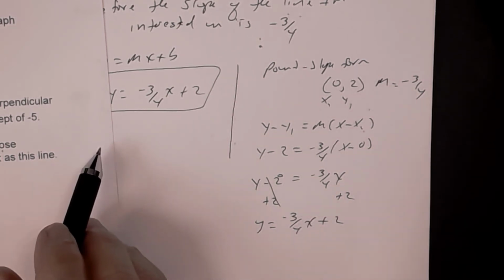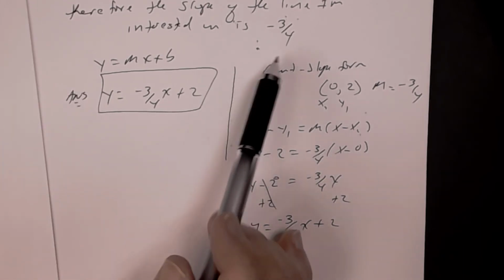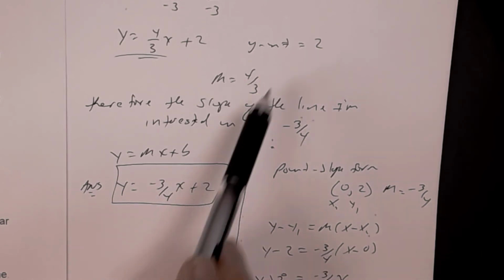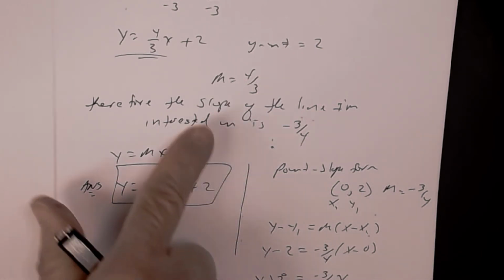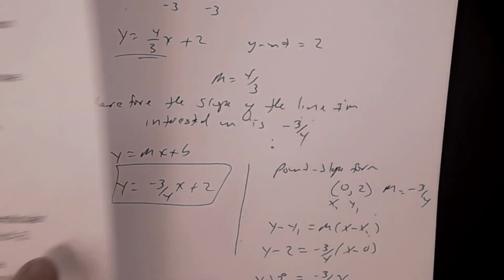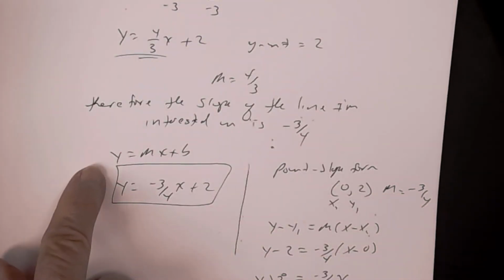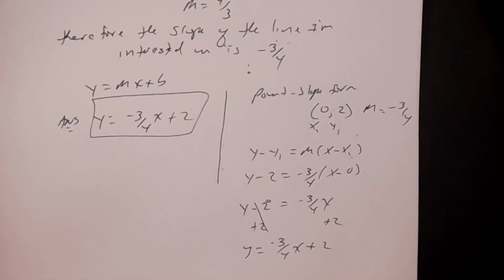Okay? So it didn't matter which one you used. Just the fact that the y-intercept of the line I'm interested in is also the same y-intercept as this line, I went directly to slope-intercept form. Although you could have done this and got the same answer.